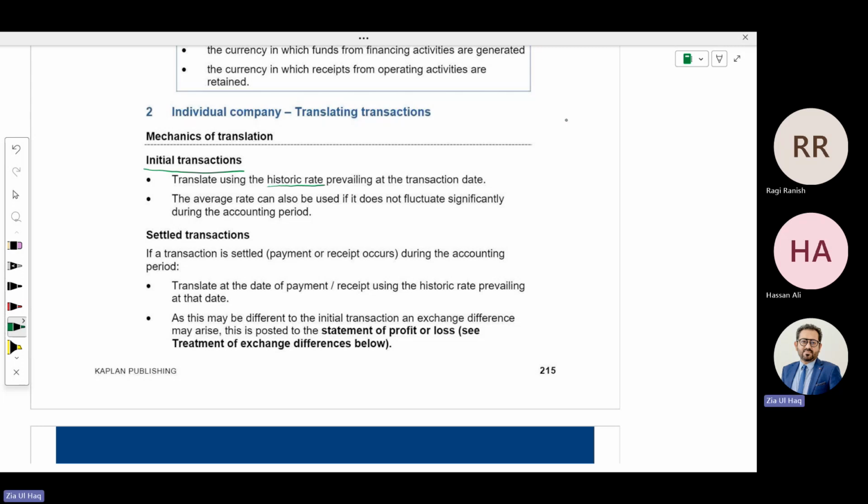Suppose the current rate is $1 equal to AED 3.65. This is called the current rate or spot rate. Might be after 1 week, if we ask, they will say $1 is equal to AED 3.66. So that would be the spot rate of that day.